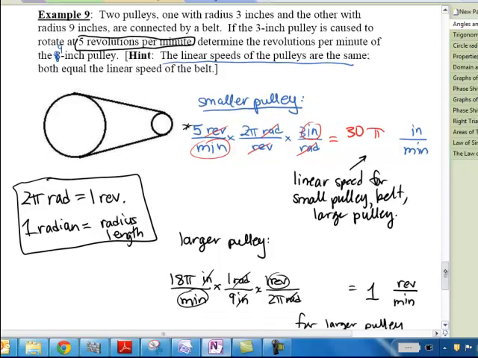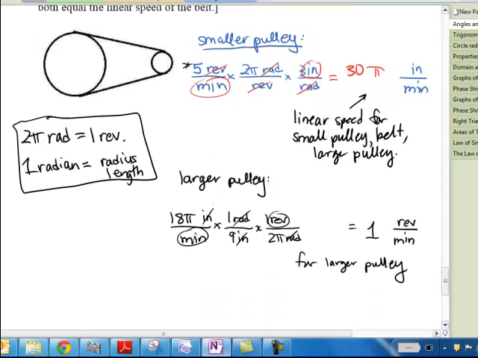Then we can use that calculation in the next part here for the larger pulley. Change that 18 to a 30. So 30 pi inches per minute times 1 radian per 9 inches for the larger pulley times 1 revolution per 2 pi radians for any revolution. And that's going to give us then, let's see, 30 divided by 2, and the pi's will cancel.